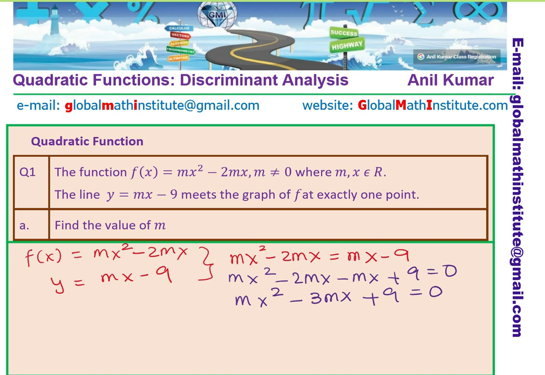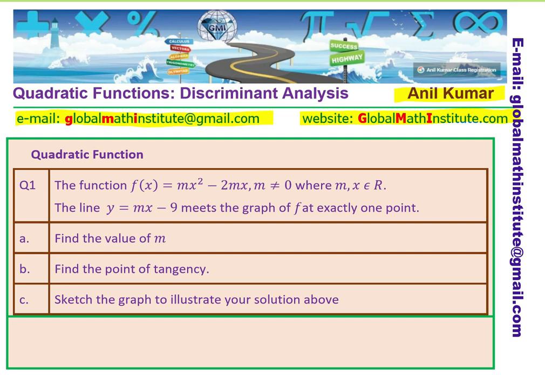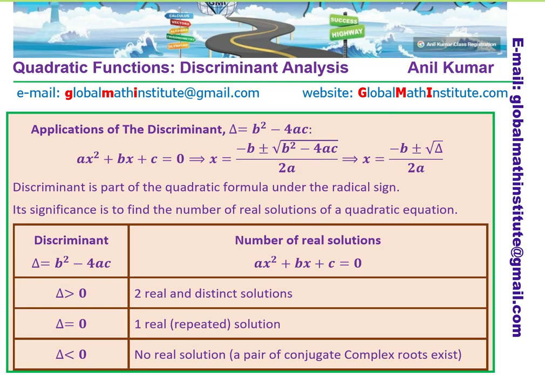So how does that discriminant work? Any quadratic equation ax squared plus bx plus c equals 0 has a solution which is minus b plus or minus the square root of b squared minus 4ac, over 2a. So the radical portion, which is b squared minus 4ac, if this is equal to 0, this is called the discriminant.